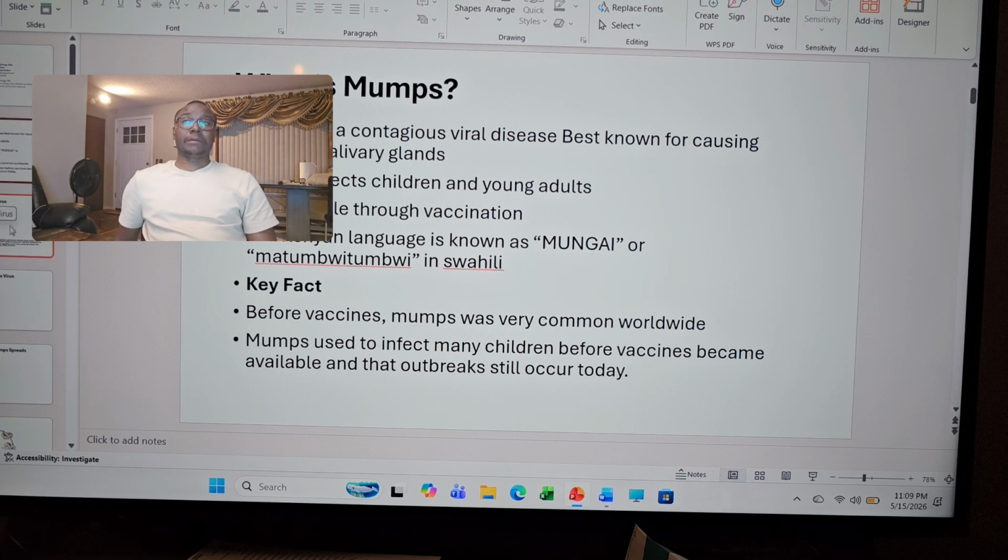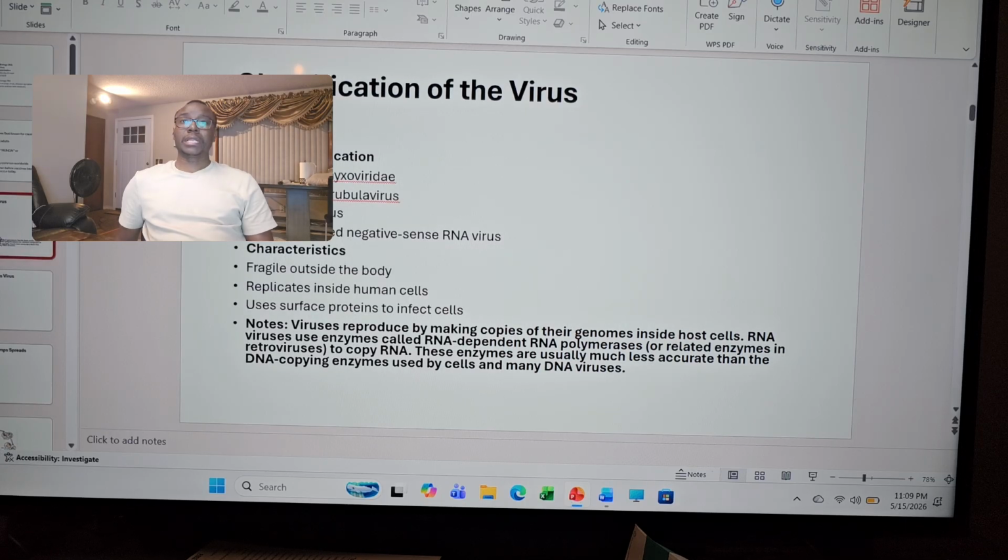It doesn't mean that since we have the vaccination, mumps is gone. It's not. We still have those outbreaks, especially in Africa. You hear these cases every now and then.